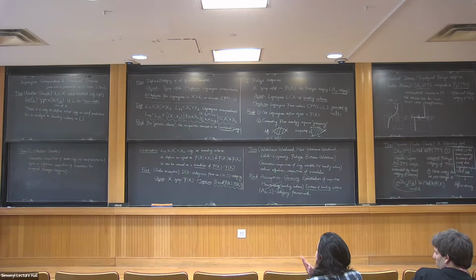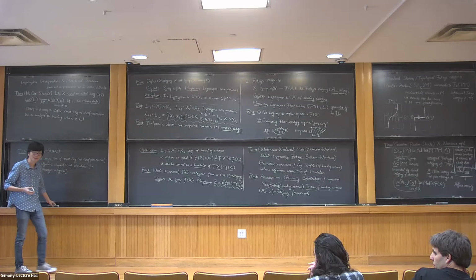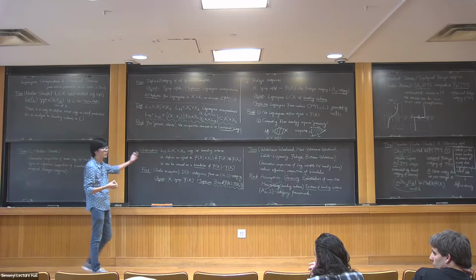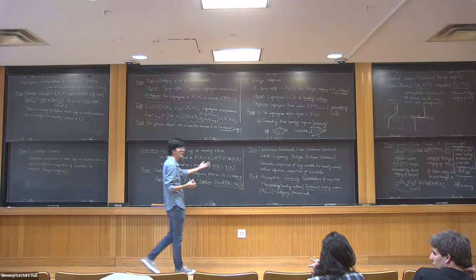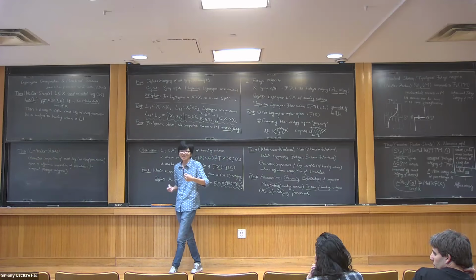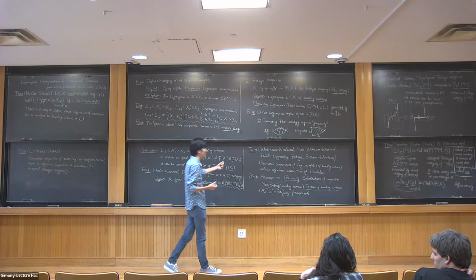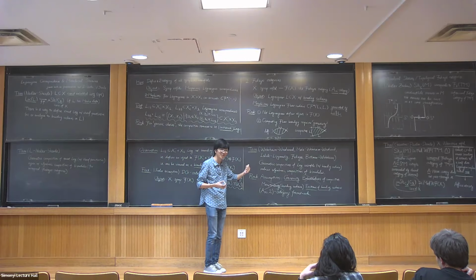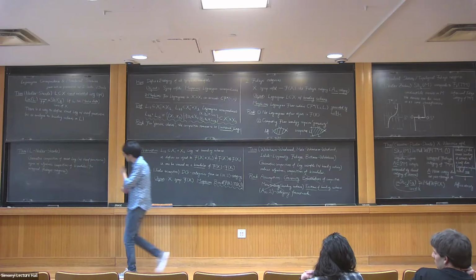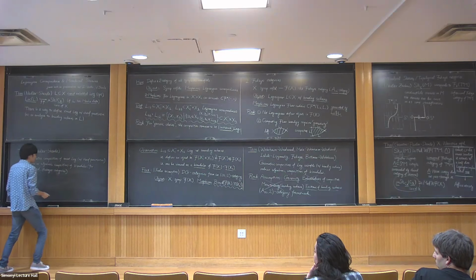Now, if you recall, when we were saying some words about the wrapped Fukaya category, we said that we need to choose some Hamiltonian perturbation near infinity. So now the natural question is, does the Hamiltonian perturbation, or in other words, is the wrapping compatible with the composition? The answer is, in general, no, but there are some simple conditions that ensure it is the case.